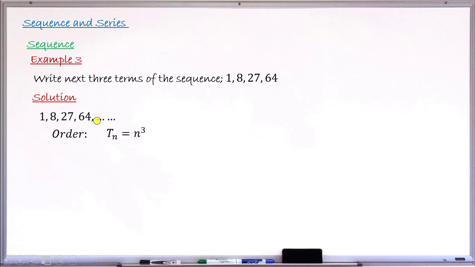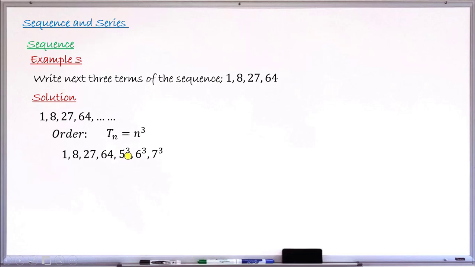So next will now be 5 cubed. If I just copy my sequence and write 3 more terms, the next term is position 5, so I'm going to raise 5 to the power of 3. Next will be 6 to the power of 3. Next will be 7 to the power of 3, because these are the respective positions.